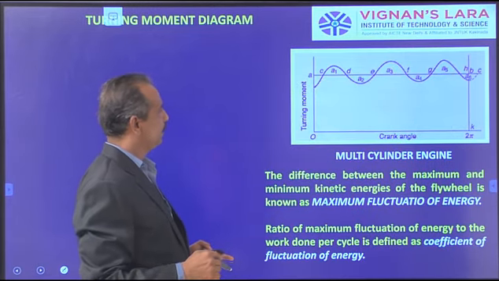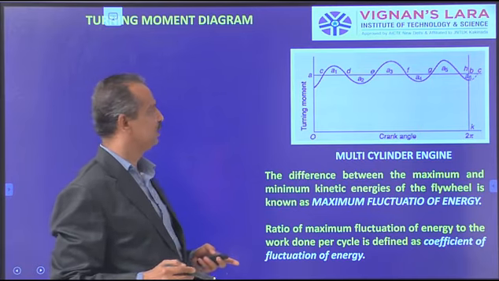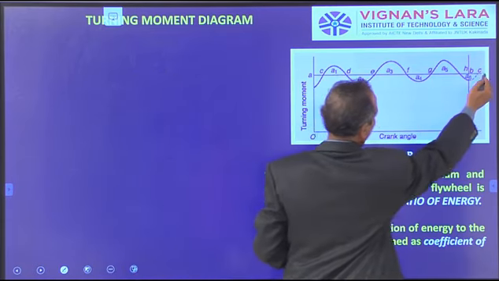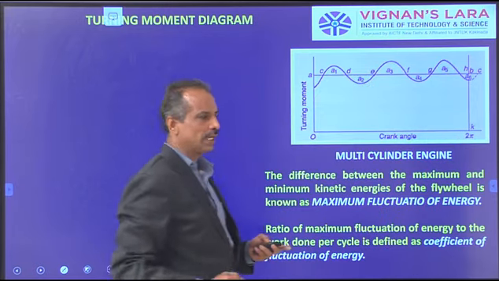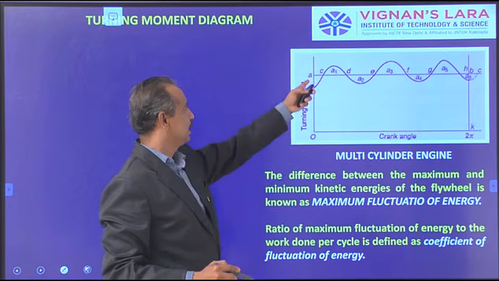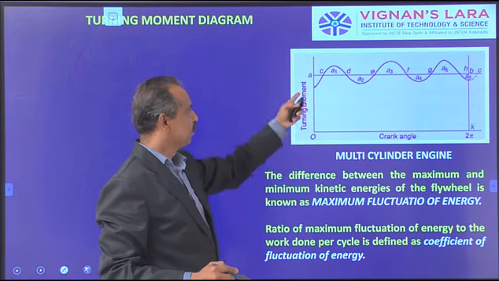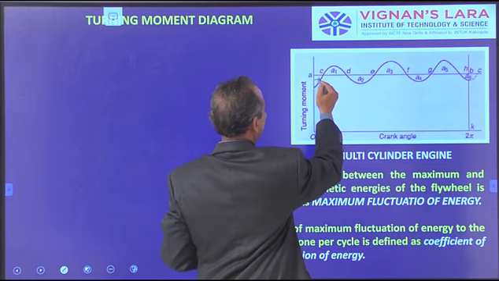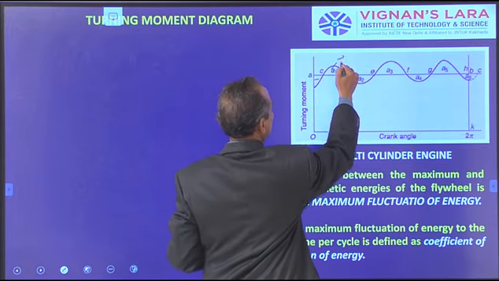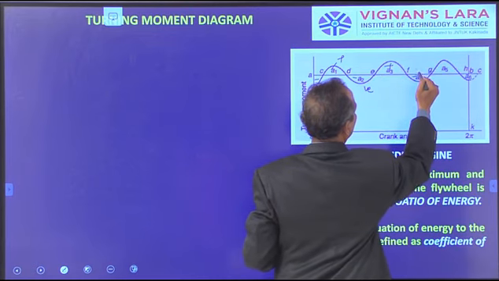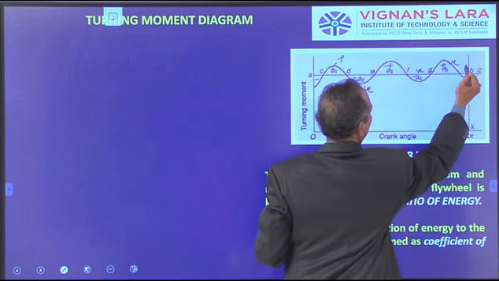Similar to the previous case, here also if you draw a mean line, the AO line is the mean line. The turning moment OA is a constant. Then here it is negative, and this is positive, negative, positive, negative, positive.